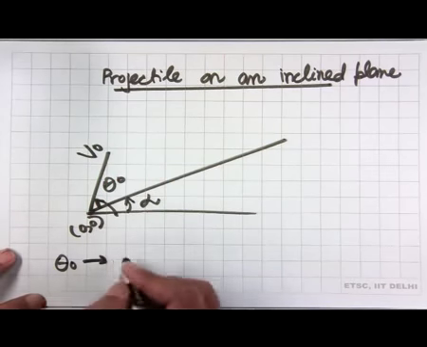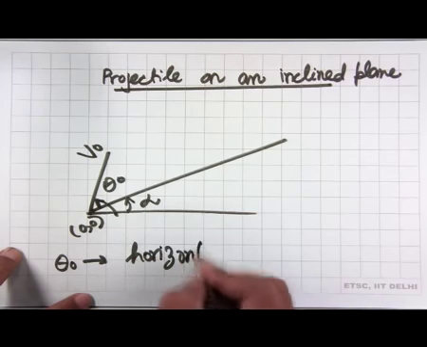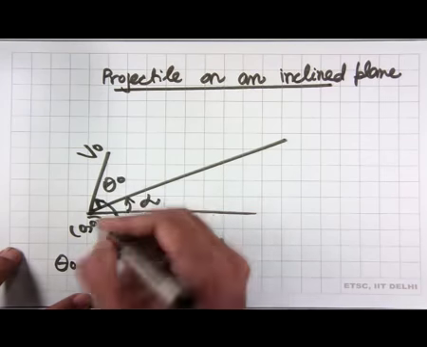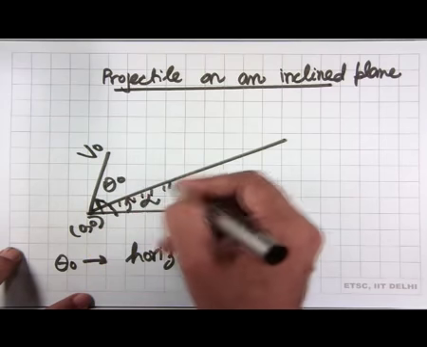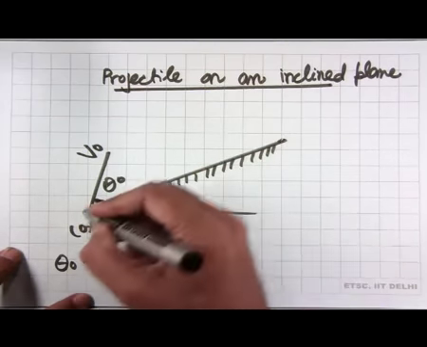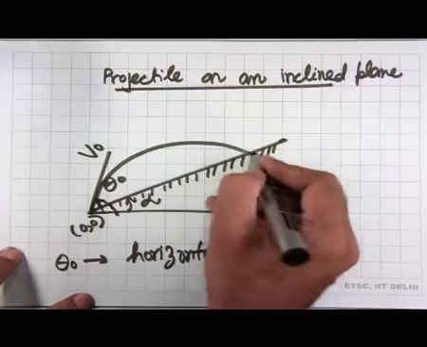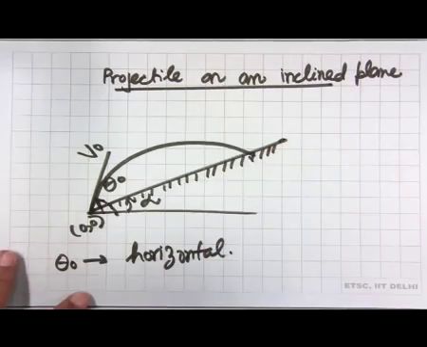So, theta 0 is the angle which the projectile makes with respect to the horizontal, and this is the incline along which the projectile is thrown. Now, this will go up and it comes back and hits here.